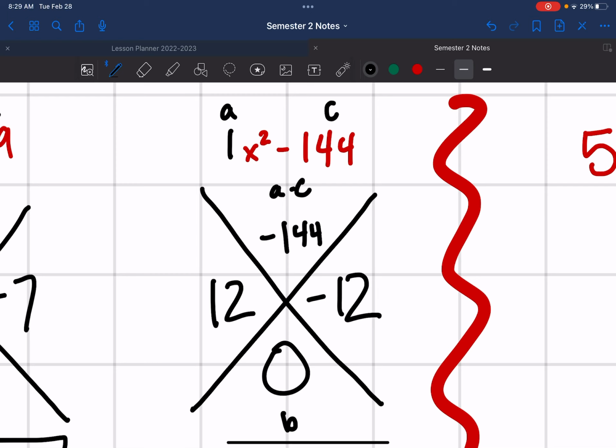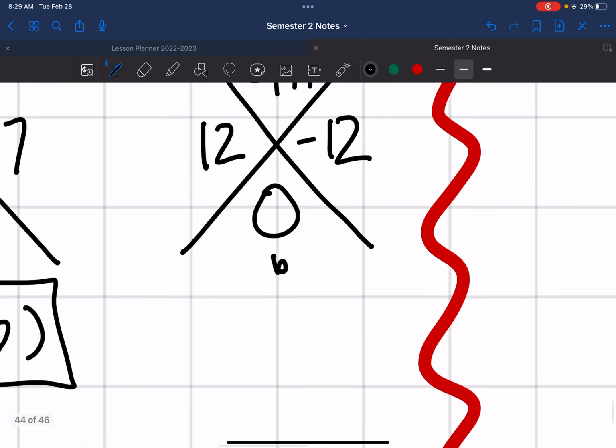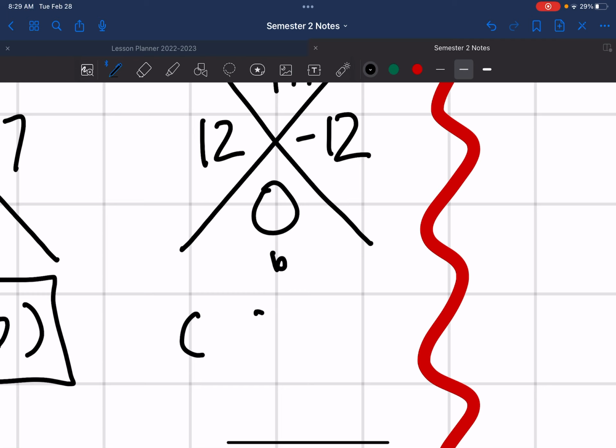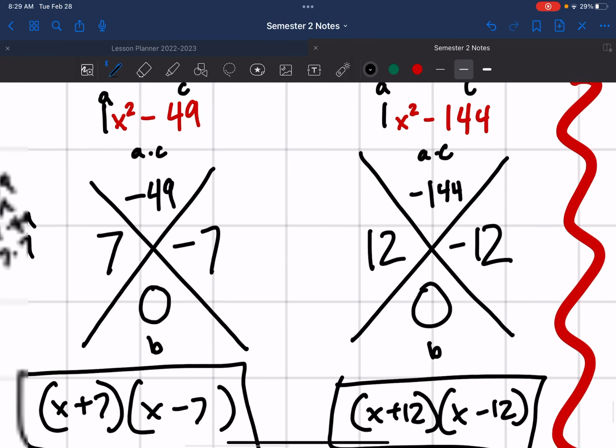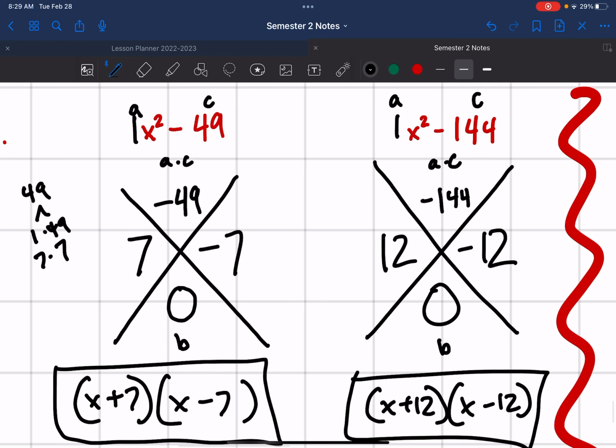But if you do not need to, then you don't need to. That's fine. Moving on to my answer, I know that I'm going to have x plus 12 in one and x minus 12 in the other. Again, every time with these questions, you will have the same thing on both sides of your x.